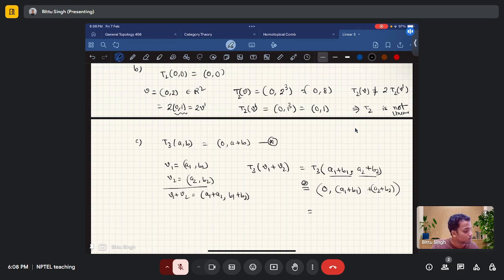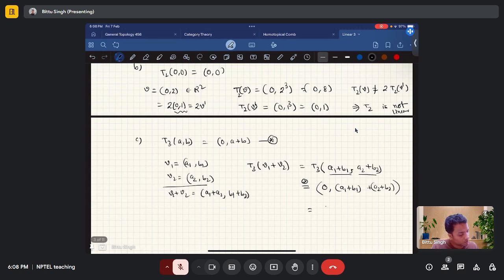But this is the same as T3 of V1 plus T3 of V2. Again applying the definition individually, T3 of V1 is 0 comma A1 plus B1, plus T3 of V2, which is 0 comma A2 plus B2.